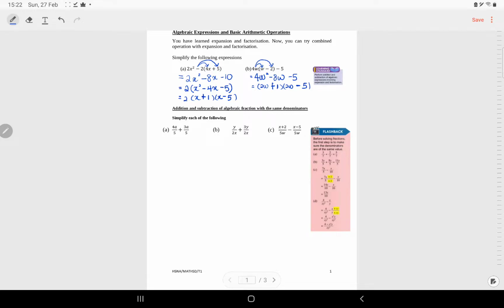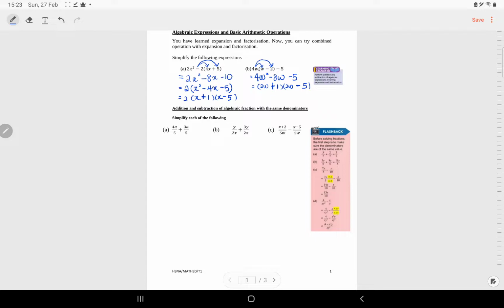So when we have fractions with the same denominators, if you look to the right here, you should be able to recall this is lower secondary fractions. So 3 over 7 plus 2 over 7, because the denominators are the same, what you do is you can add the numerators, the number at the top.